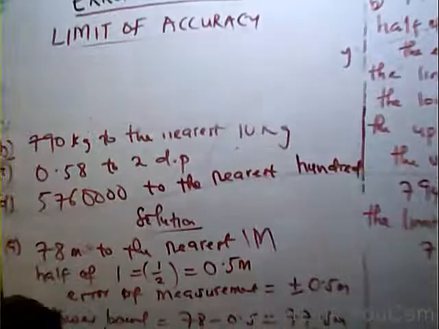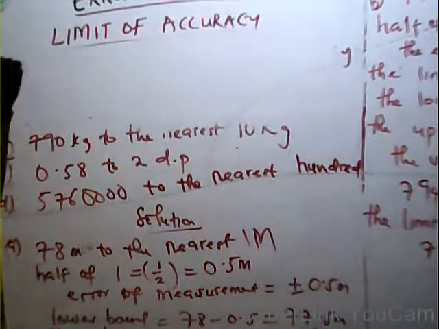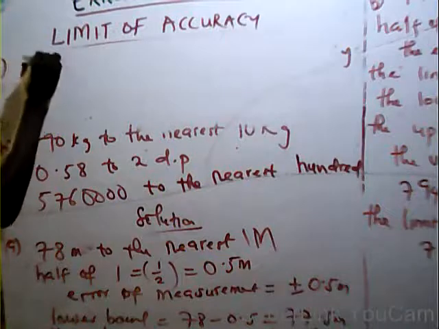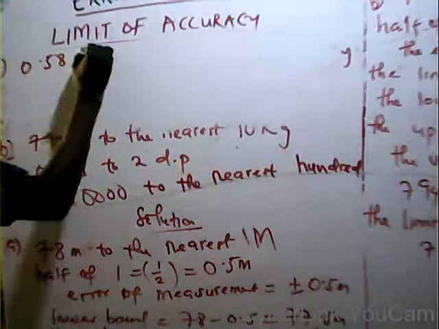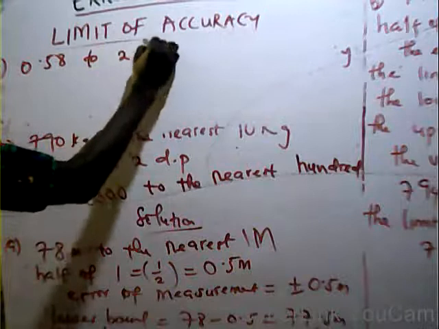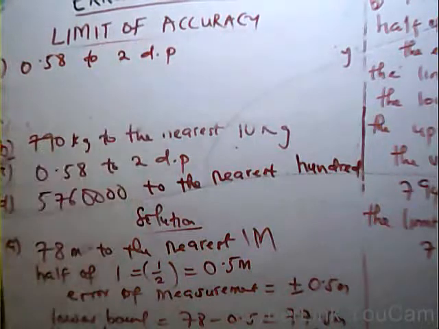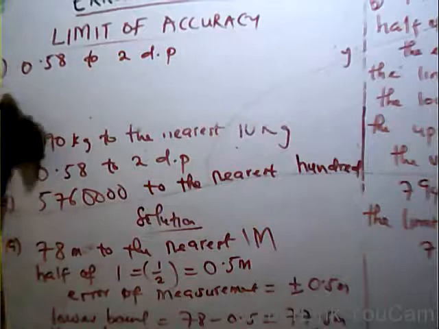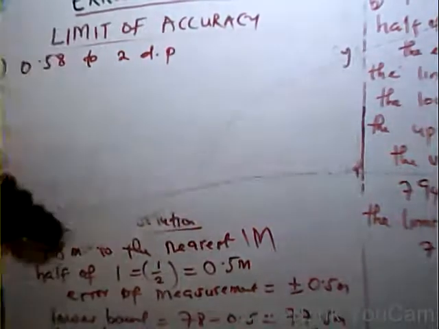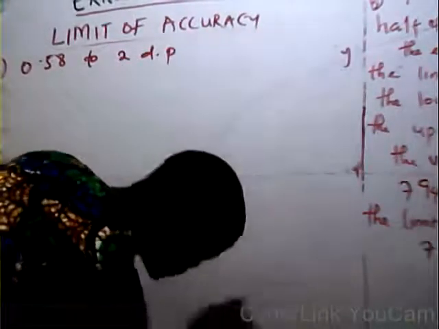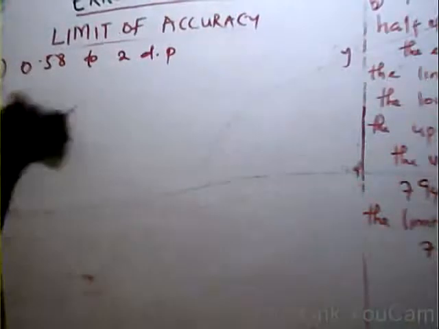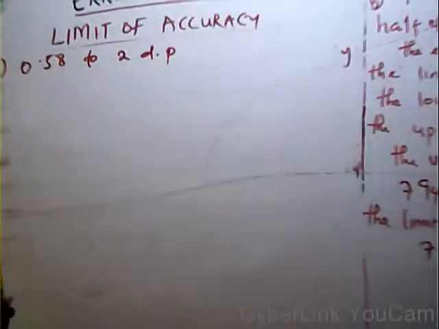So C, which is what? 0.58 to what? To 2 decimal place. How do you do this? So 2 decimal place is here, right?